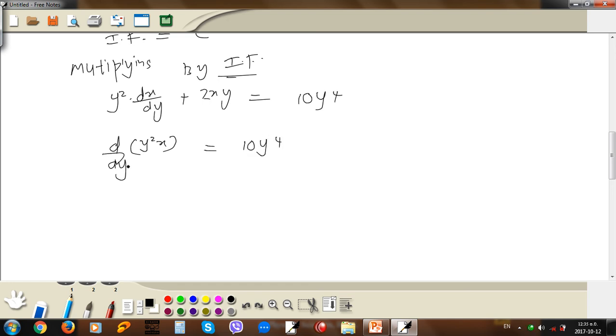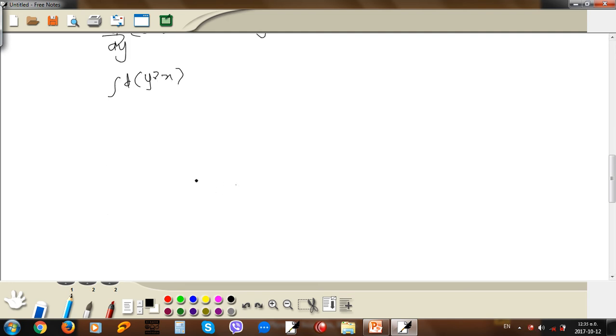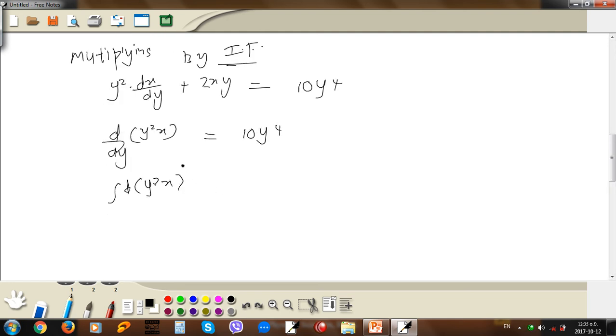We'll check whether our answer is correct. Y squared times dx by dy, yes, correct. Then x times the differentiation of y squared, that is 2y, yes, that's correct. Now we can separate the variables: d of y squared x equals 10 times the integral of y to the power 4 dy.